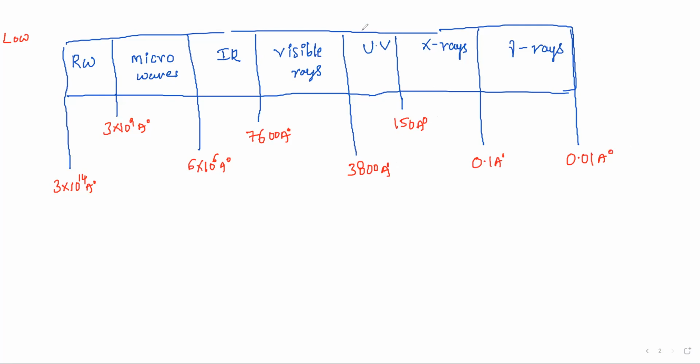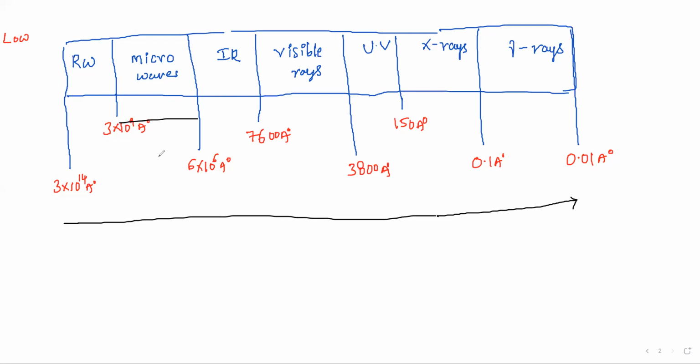So that means we can conclude easily from left to right, the wavelength is decreasing. Yes or no? These are the values of wavelength. Okay? So if wavelength decreases, what about the frequency? Increases.